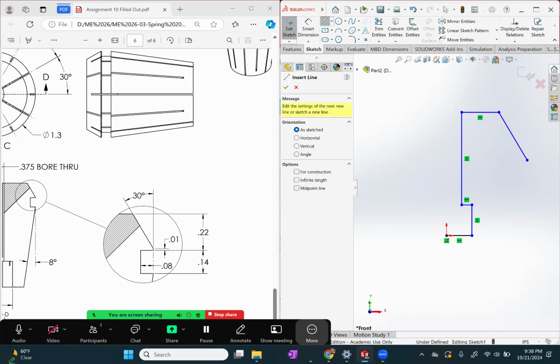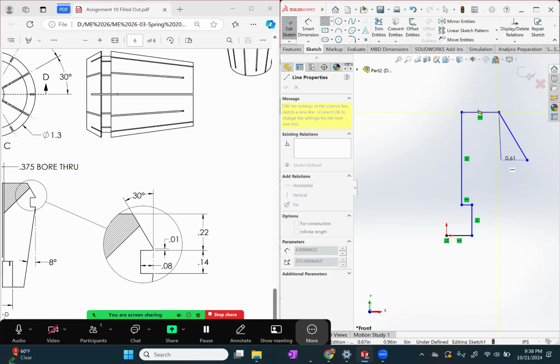The way this is going to work is to find this endpoint of this angled line. I'm going to make a vertical line that is 0.22 minus 0.01, so 0.21 units long, and wherever it lines up with our angled line, that's where we need to cut it off.